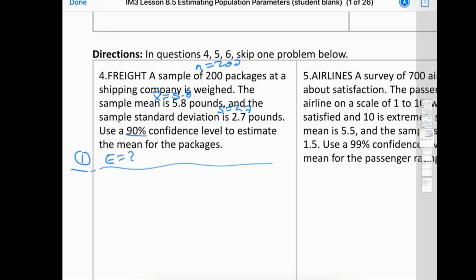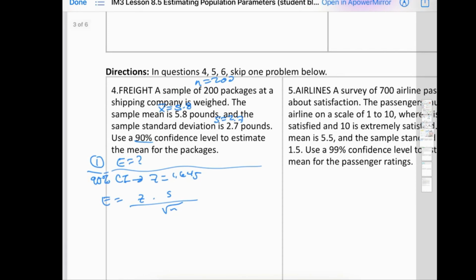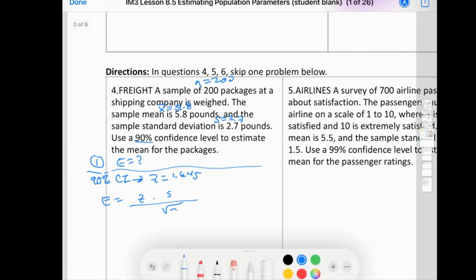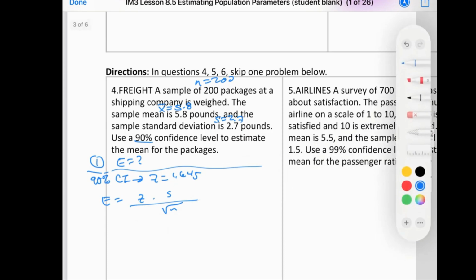Well, I'm going to have to calculate the Z first. A 90% confidence interval gives me a Z score of, look at your chart above, 1.645. E is equal to Z times S all over the square root of N. So let's plug and chug away, substitute.